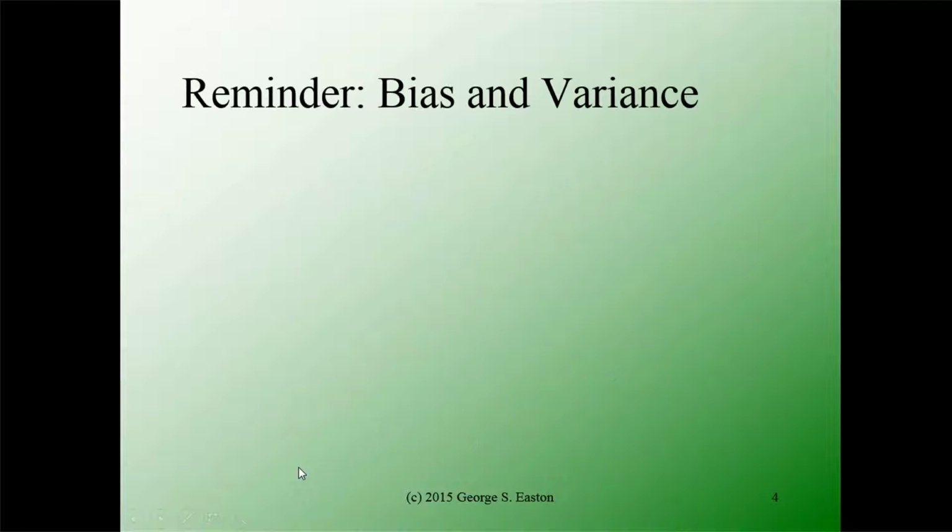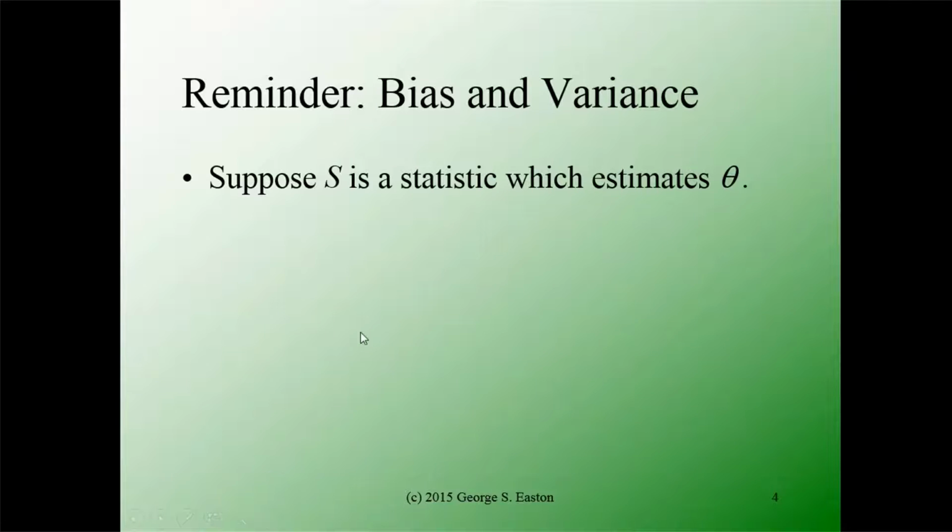Now before we get into the bias and variance trade-off, I want to remind you about what bias and variance are. Let's suppose that I have a statistic S. I'm just using the capital letter S here to represent some statistic which will be computed off of data. And let's suppose that this statistic S estimates some unknown parameter theta.